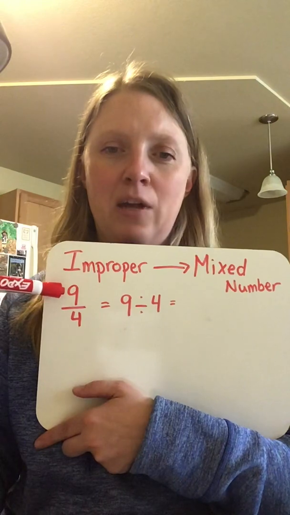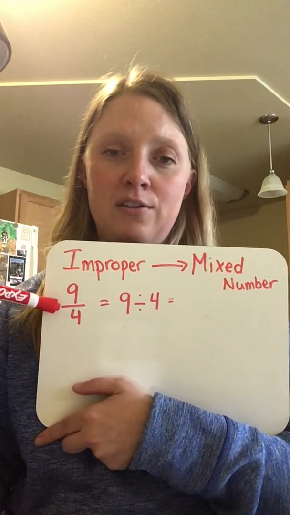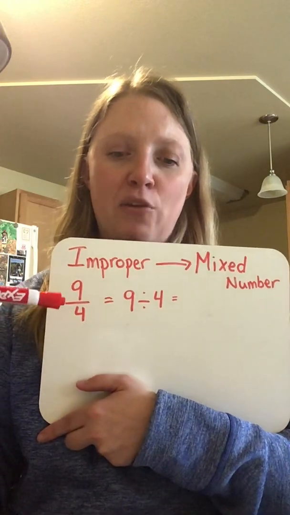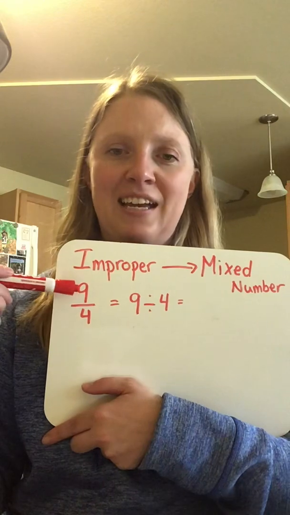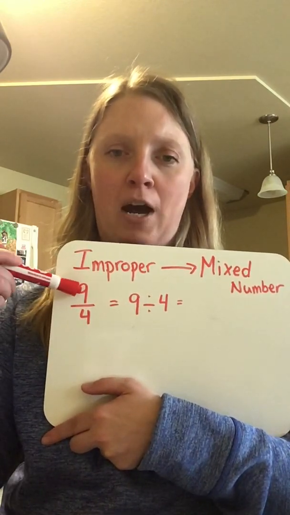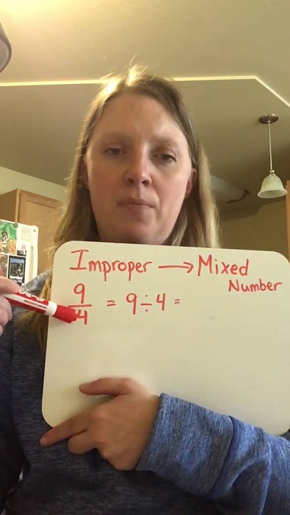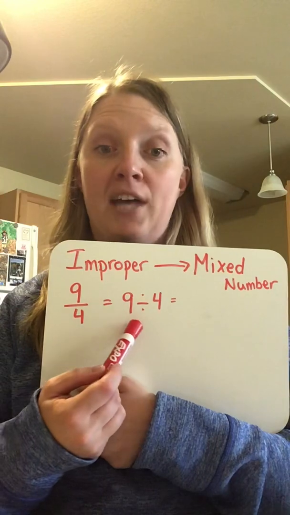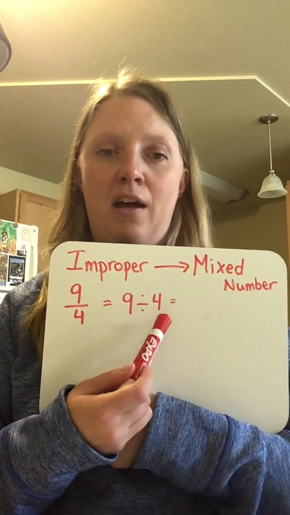That's the first thing you need to think about when you're turning an improper fraction into a mixed number. You take the top number divided by 4. The fraction bar stands for divided by, so just think 9 divided by 4, reading from top to bottom. I rewrote that as a division problem exactly how I said it: 9 divided by 4.